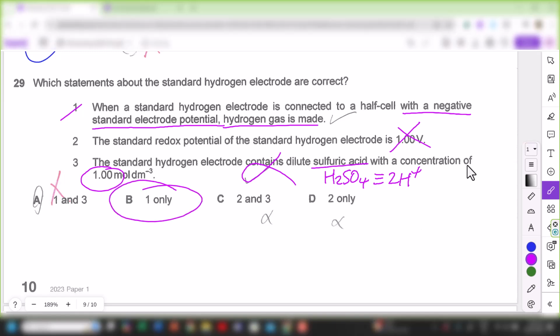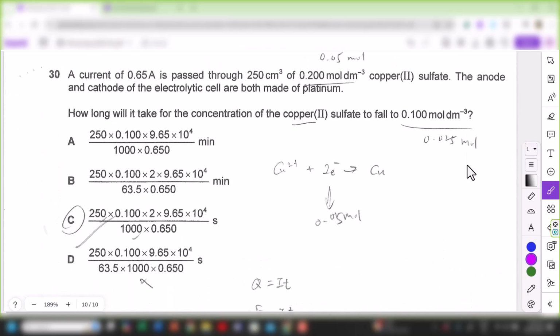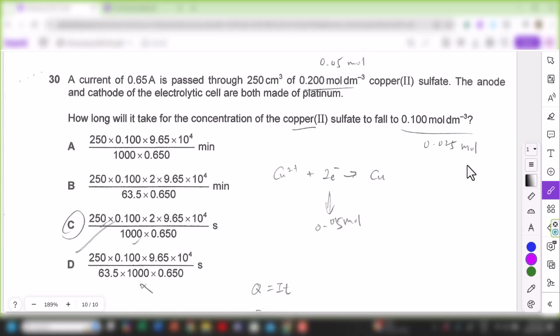Yep. Then 30, I think most of you are quite strong in this kind of calculation, so again we're just going to do it quickly. I have a current of 0.65 ampere, so Q equals IT, passed through 250 cubic centimeters of 0.2 moles per dm cube copper 2 sulfate.